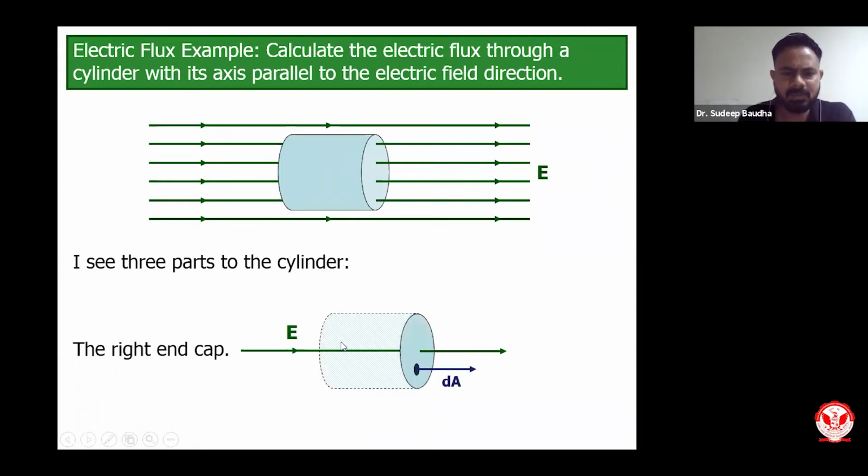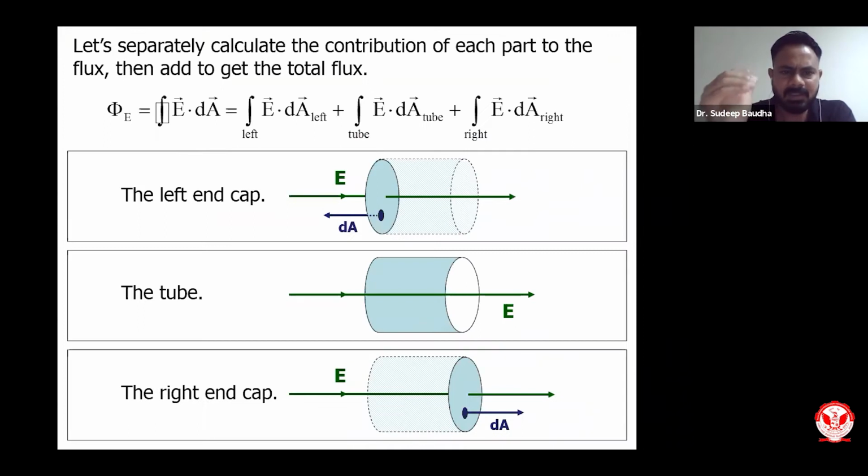The third is the right hand cap, and its area vector will be in this direction. These are the 3 possible elements of a cylinder. We can calculate the electric flux separately for each, and finally add them up, which will give the total flux over this cylinder.